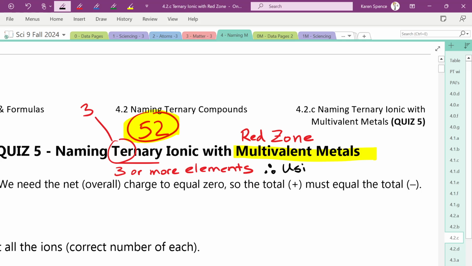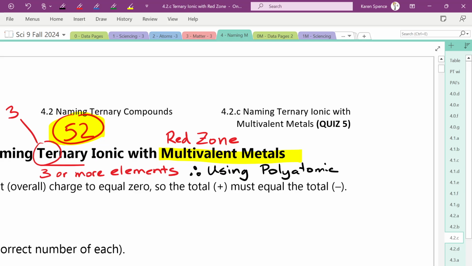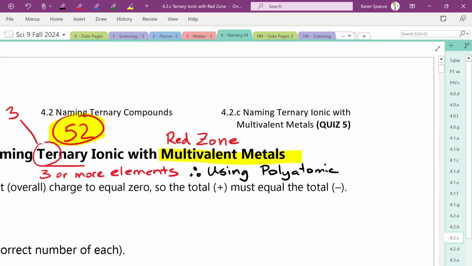We are using polyatomic ions. We're on page 52.